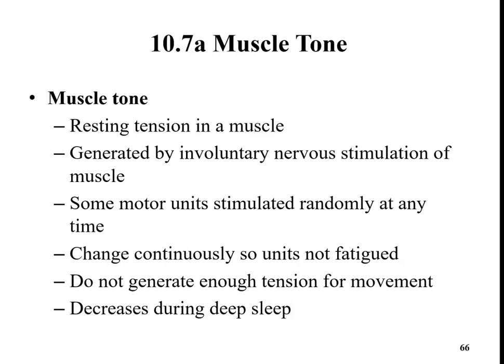These motor units don't generate enough tension for movement, just enough tension to maintain tone of the muscle. And you'll see this decrease during deep sleep. It's one of the reasons why people snore when they're sleeping: they lose the muscle tone in their throat muscles, essentially, and their soft palate can hang lower, so to speak.